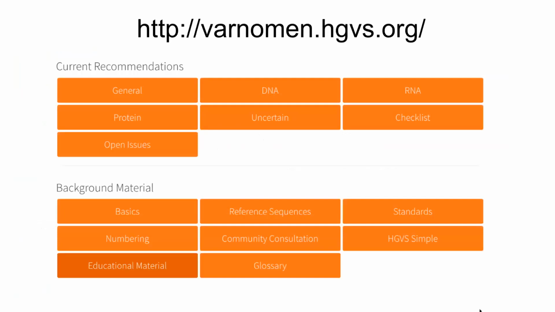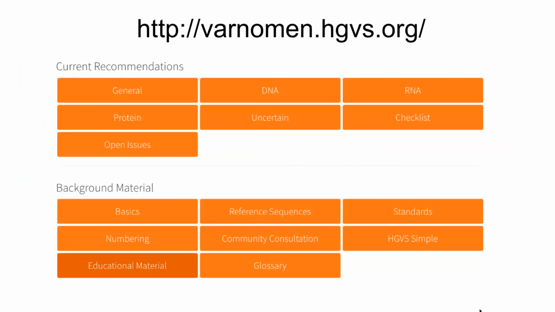So shown here is just a screenshot with the URL from the HGVS website, because they really have tons of great examples for all the different scenarios you can think of. Even within each section, at the bottom of each page, they have a questions and answers part, which is really informative as well. As I was looking at it, sometimes the questions that would come to my mind as I was looking at the section are then answered under the questions and answers, where they give examples.